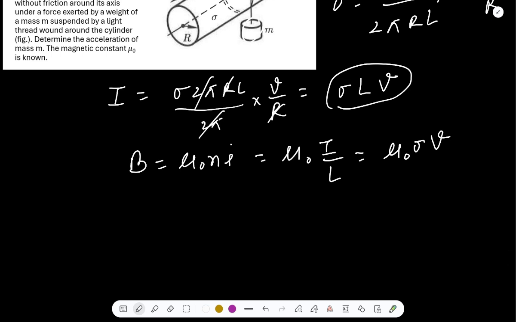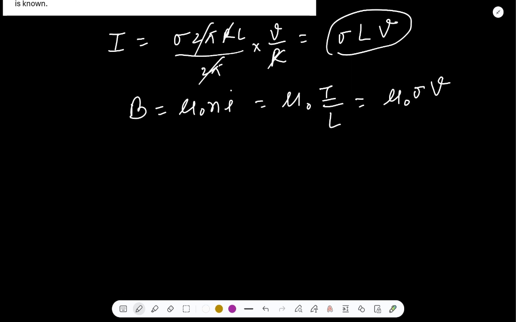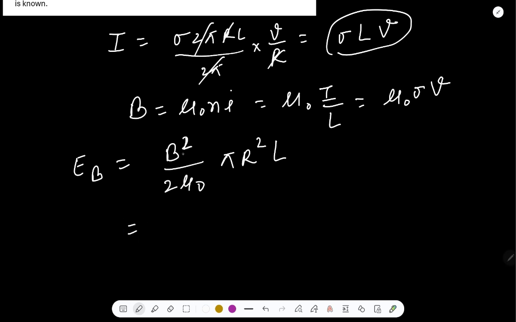And this magnetic field produces some kind of magnetic energy inside the cylinder, and this magnetic energy can be written as E_B, and that will be equal to magnetic energy density, that is B square by 2 mu naught, multiplied by the total volume of the cylinder. So total volume of the cylinder is going to be pi r square L, and so B square by 2 mu naught can be written as mu naught square sigma square v square by 2 mu naught.